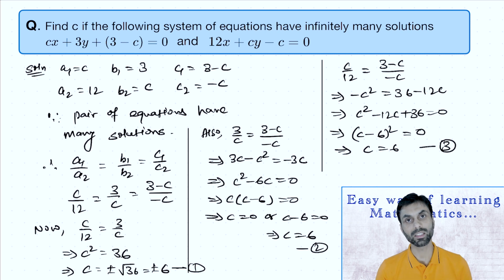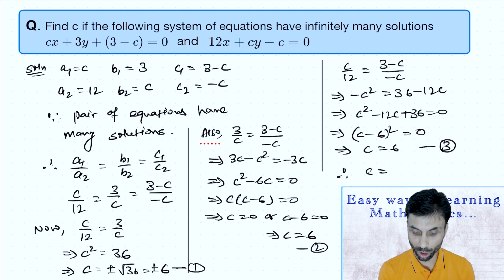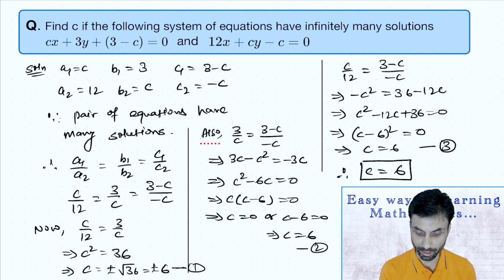We can observe that 6 is the common value between all the three, so therefore we can say the value of C is 6.